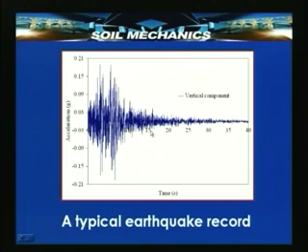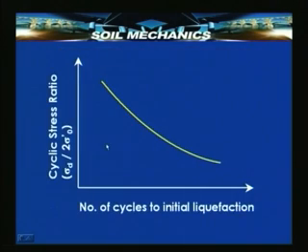So, suppose you know the spectrum, suppose you want to identify the potential for liquefaction in a given soil, then the cyclic triaxial test is a wonderful test for this purpose. Here is a typical plot that may be obtained from a typical cyclic triaxial test. You apply a number of cycles and find out when the liquefaction starts.